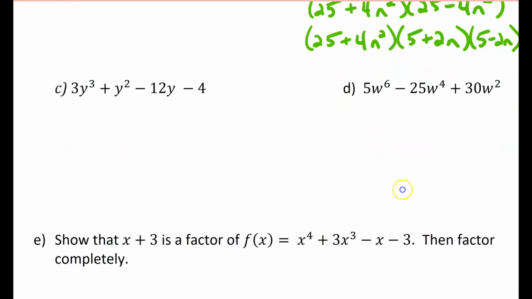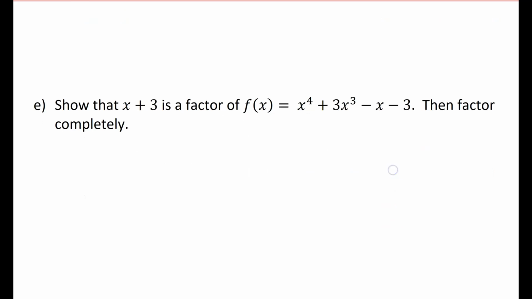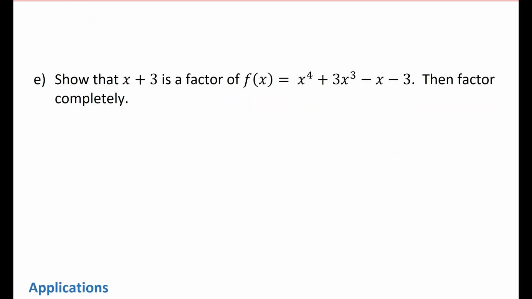This one here. On this one, it's to show that x plus 3 is a factor of this long polynomial, and then factor it completely. So if you're told to show that it's a factor and you still need to factor it, what technique would you want to start with?